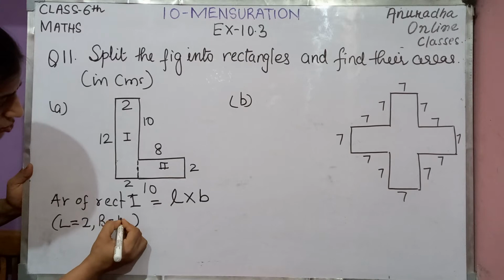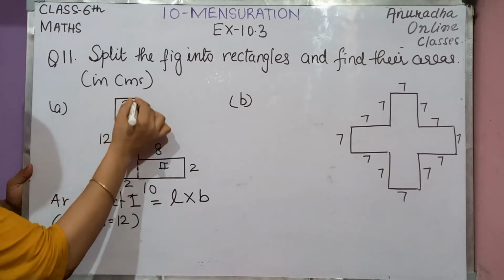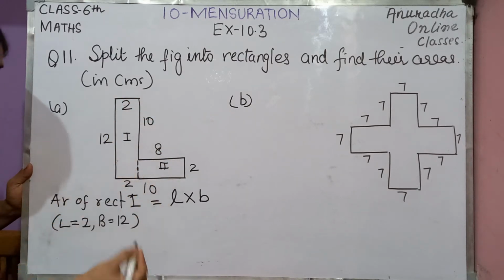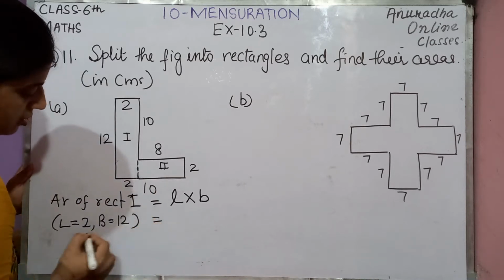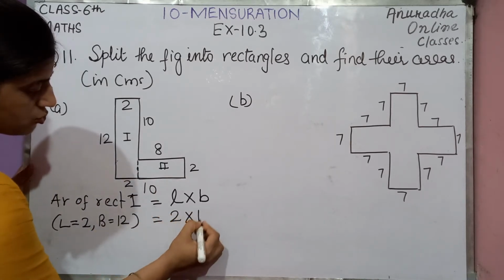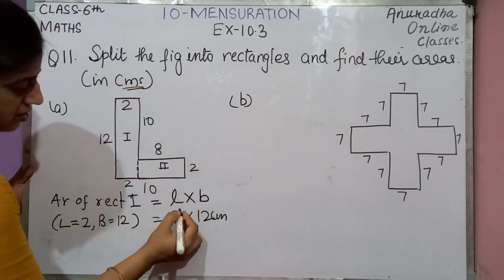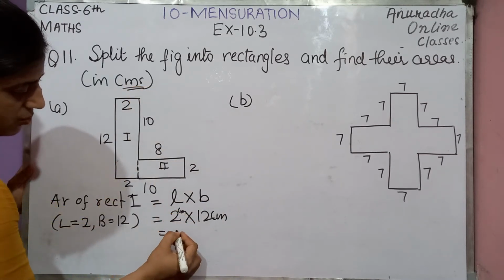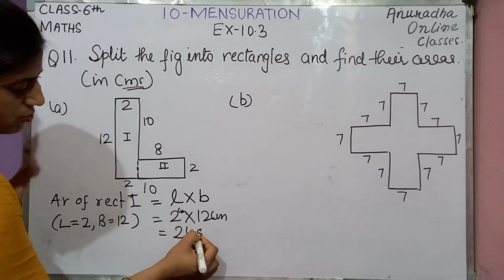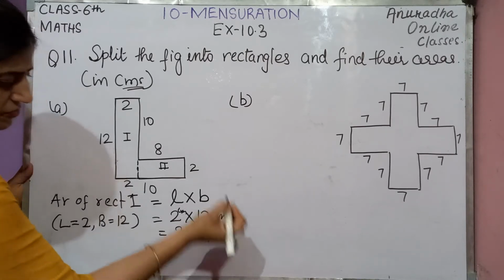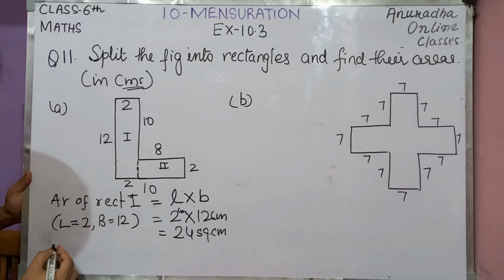Breadth is equal to 12. This one is 12. That means ये पूरा हमारा कितना हो जाएगा? 12 हो जाएगा. That is equal to 2 into 12. This is in centimeter as they have given here. This is equal to 24 square centimeter. Right? Let's come to the second one.